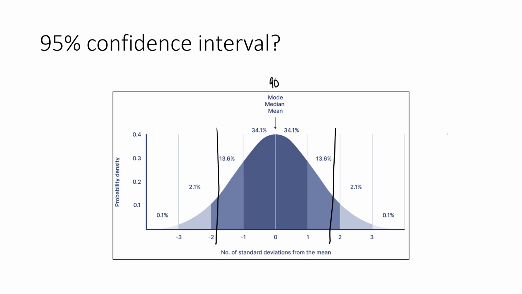What that means is if we did the experiment again, testing drug A and testing drug B, we would expect drug B to be in this 95% confidence interval 95% of the time. So if we did it 100 times, 95 of those experiments will have the drug B outcome being in this range here.